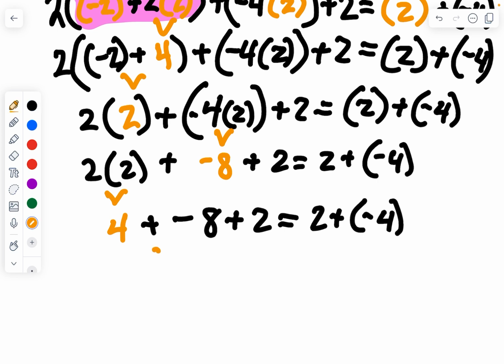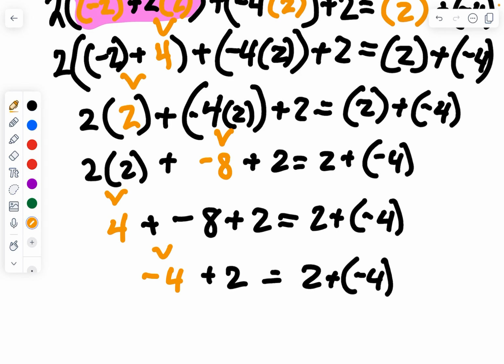And then we're going to go from left to right. And you end up with -2 equals -2, and that is a check.